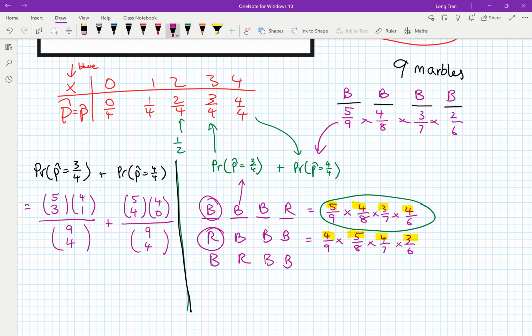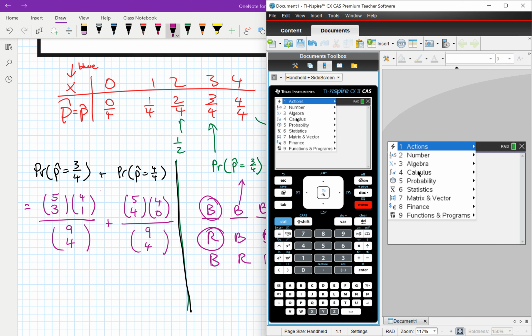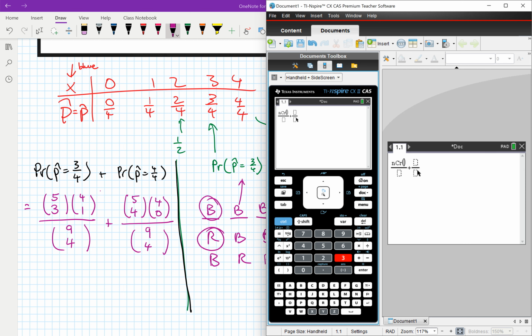And let's see if we do it on our CAS here. I'll do my method here. So control fraction and plus control fraction. Okay, so numerator, menu, probability, combinations. I got 5 blues to choose from and I only want 3 of them.